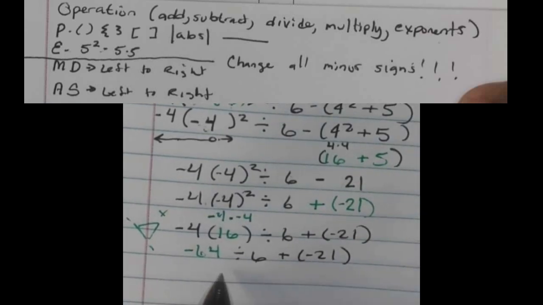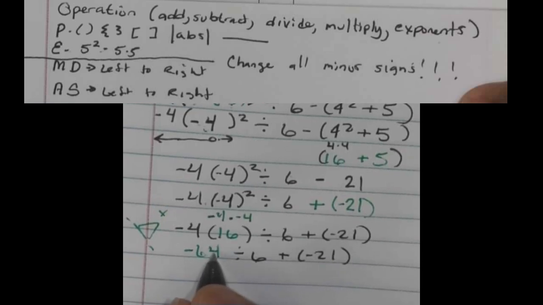Alright? What we got? Negative 64 divided by 6, what do we get? What's 64 divided by 6? We can't. It's a decimal. I'm gonna stop then, because I ain't gonna give you no decimals. I'm gonna give you a number like 66, something like that.